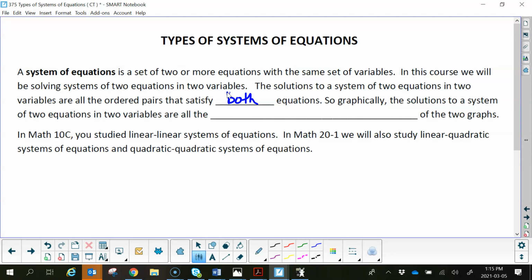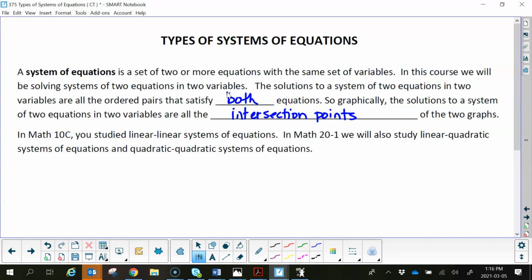Now you might have two, you might have just one, and you might have none, if they don't intersect. So graphically, the solutions are all the intersection points of the two graphs, if we were to graph them.